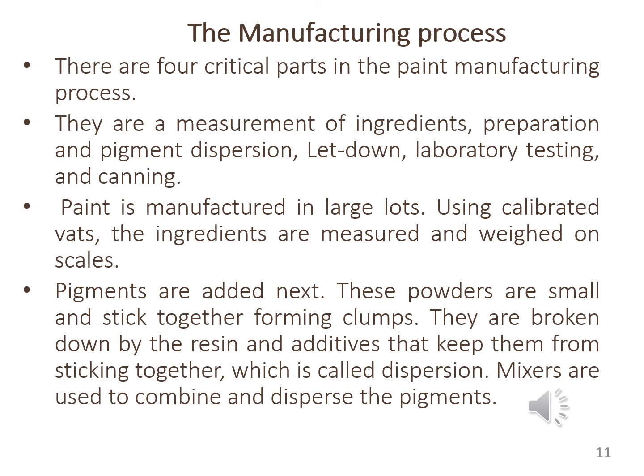Paint is manufactured in large lots using calibrated vats. The ingredients are measured and weighed on scales. Calibrated vats are used in the paint manufacturing process to tell us about the accuracy of overall measurements.